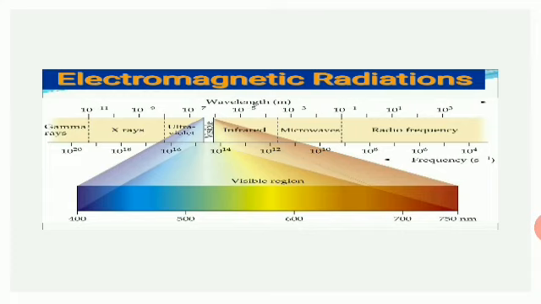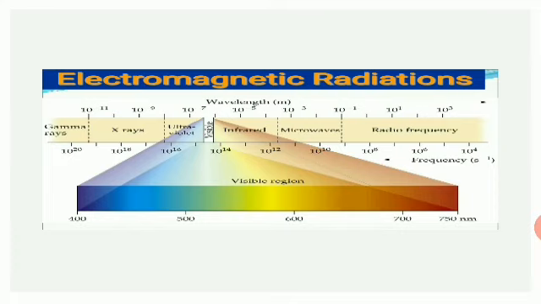So if the wavelength is more, the frequency will be low, and if the wavelength is shorter, they have the larger frequency. The visible region of the electromagnetic spectrum lies between 400 nanometer to 750 nanometer, and below this 400 nanometer we have ultraviolet radiations, X-rays and gamma rays, and above it we have infrared, microwaves and radio frequencies.